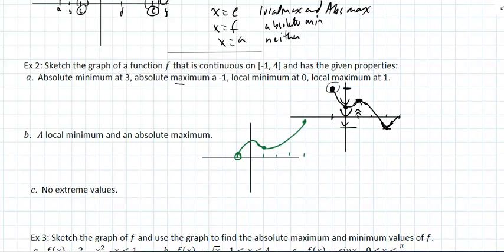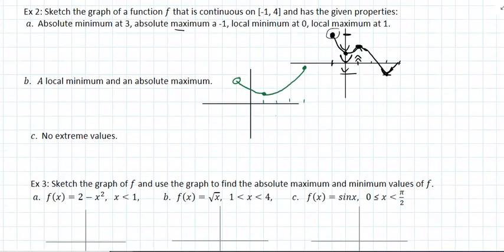Or, and that's no longer an absolute. Oh, but this has an absolute. I see. Now it has a local maximum. You're going to say, but that's not what they wanted. A local minimum and absolute maximum. So I could say, yeah, there is no other way of doing this.